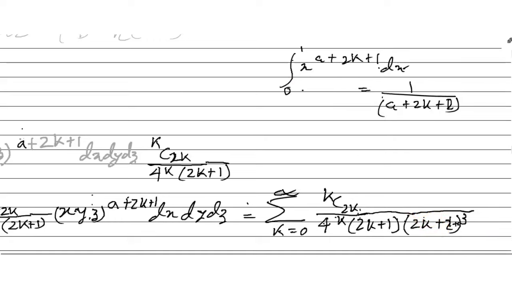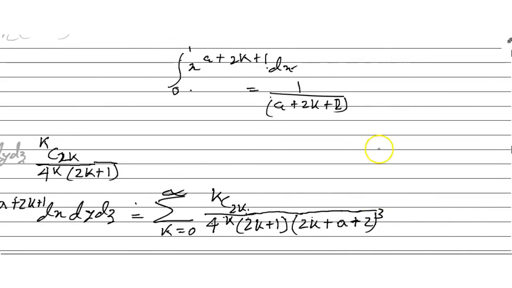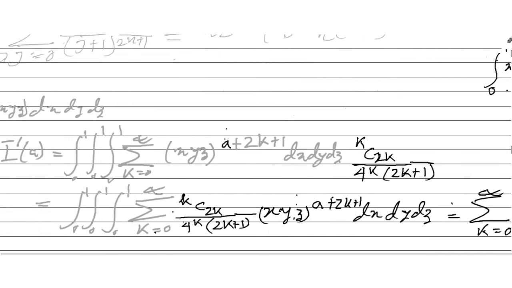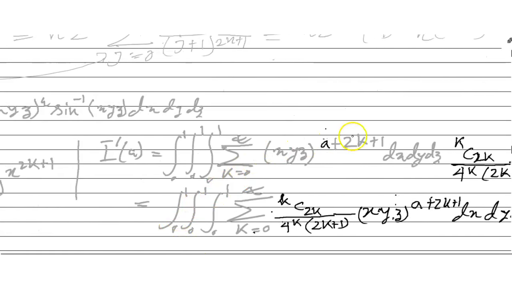So similarly there is a 3, 2k plus a plus 2 whole cube. Okay, and now a tends to 0, because I dash a.